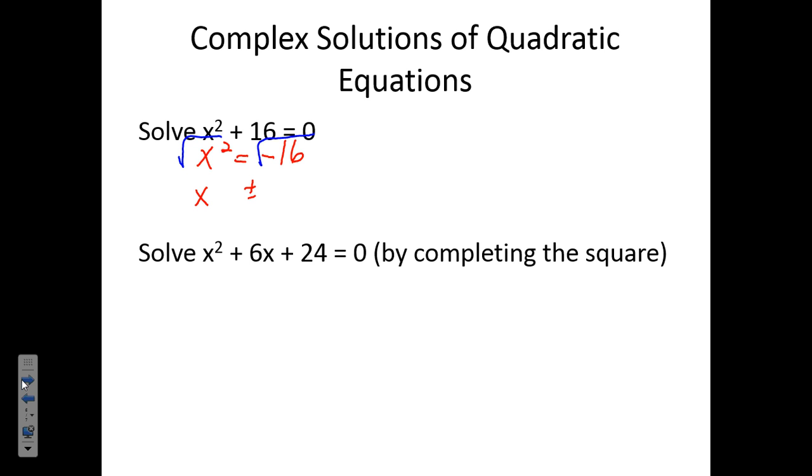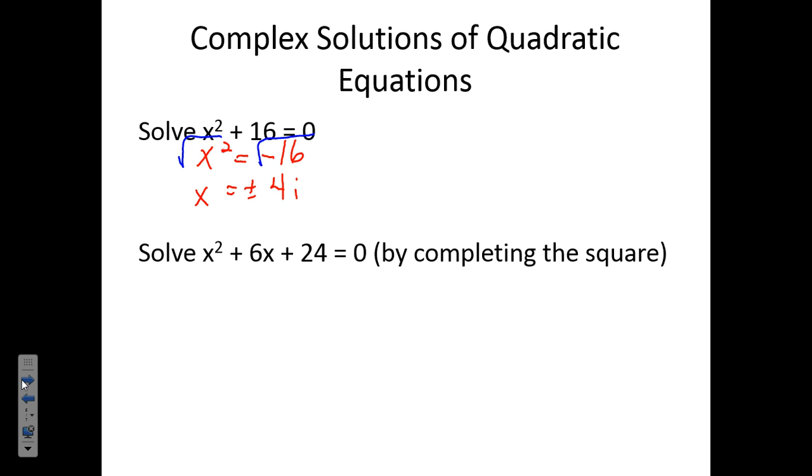Plus or minus 4i. Skipped a bunch of steps there. Square root of 16 is 4. The square root of a negative 1 that was taken out of that 16 is i. And whenever we take a square root, we have to remember that we can have both the positive and the negative roots. They will both satisfy the equation. Okay.